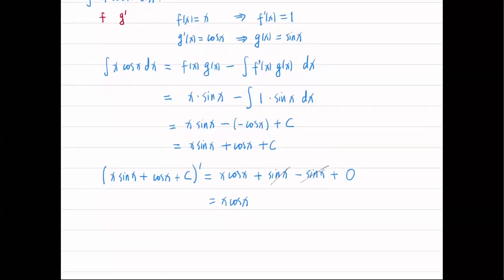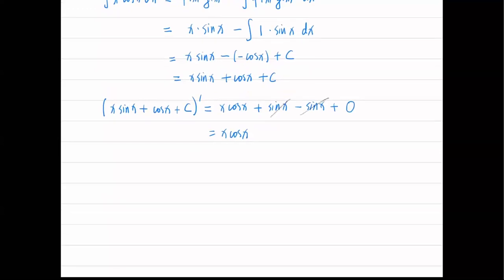Sometimes it's not that easy. It's not that apparent how to apply this method. This one is number 3. Okay, let's think about this one. The indefinite integral of logarithm x.